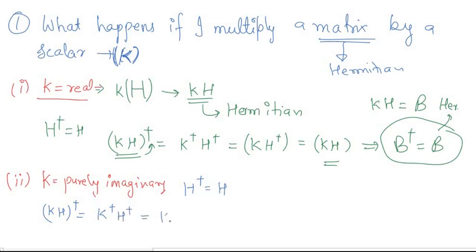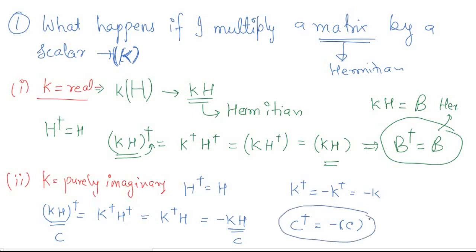H is Hermitian, so it becomes k dagger H. Since k is purely imaginary, k dagger is equal to minus of k, and the transpose of a number is the number itself. So this is minus of kH. If I call this matrix C, then C dagger is equal to minus of C. So this condition reminds you of an anti-Hermitian matrix. This is an anti-Hermitian matrix.